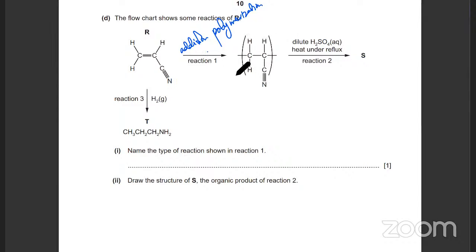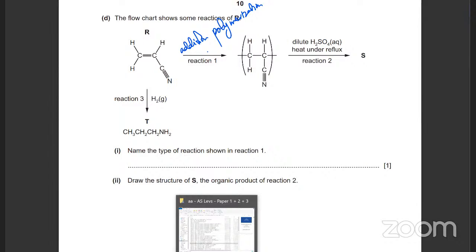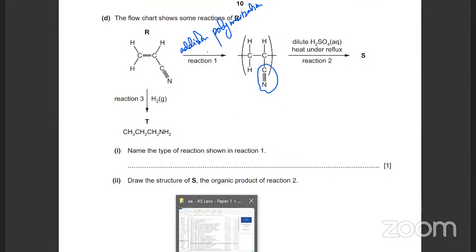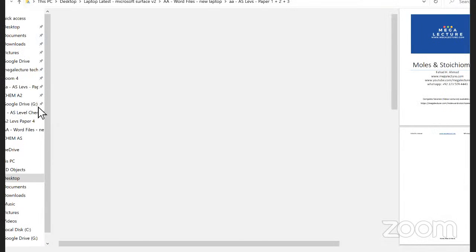What happens when you boil this with H2SO4? Forms an acid. Okay, so the CN turns into a carboxylic acid.